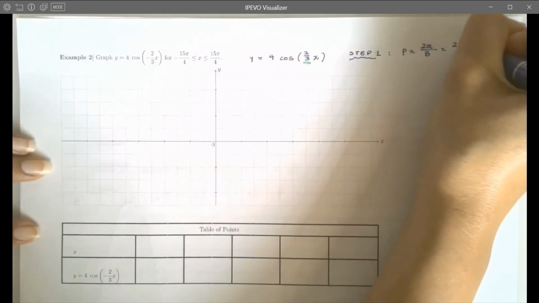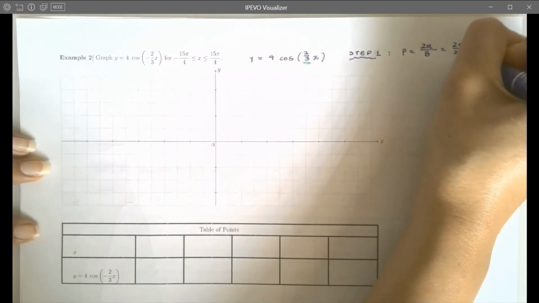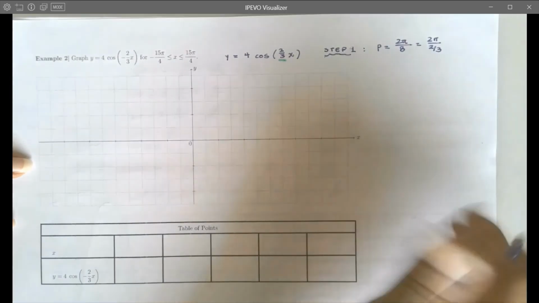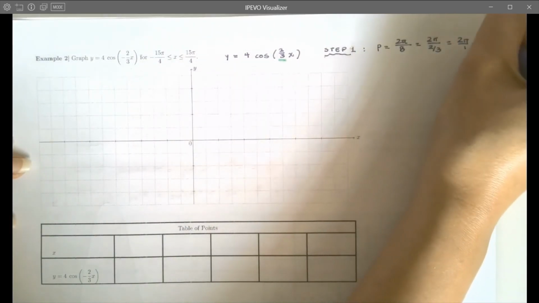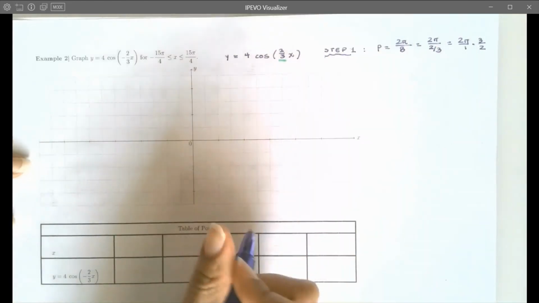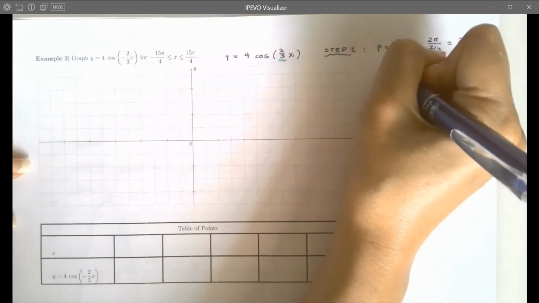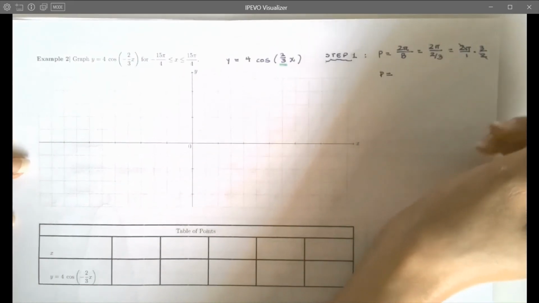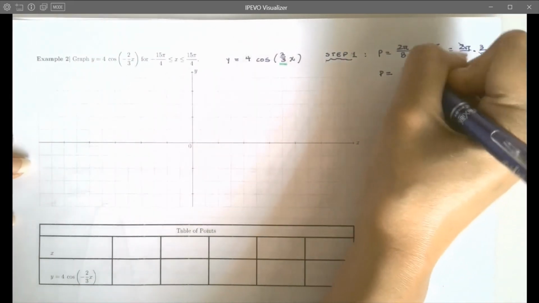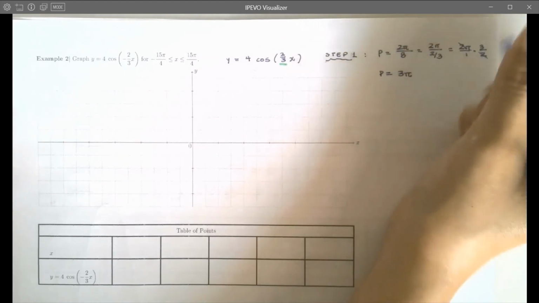So we're going to get a 2 pi over 2/3, which is the same thing as 2 pi over 1 times 3 over 2, multiplying by the reciprocal. And that means that the period is going to be, well, the 2's are going to cancel out, a pi times 3, which is going to give us a 3 pi.